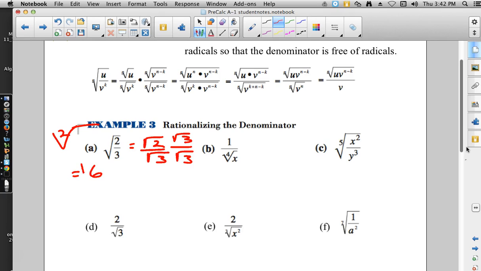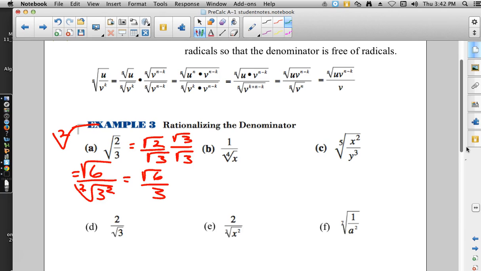Now my numerator is the square root of 6, but down here on the bottom I have the square root of 3 squared. And the index of 2 is the inverse of this 2, so it'll be the square root of 6 over 3. And that one's done. You want to be able to divide that index into that power evenly. In this case, it just took 2 of them. 2 divided by 2 gives you 1.